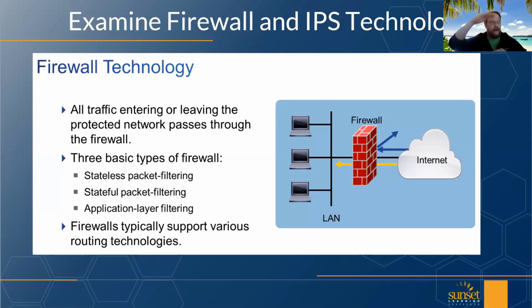The application layer is our top layer, where basically all of our application processing happens. The 3 basic firewall types are stateless packet filtering, stateful packet filtering, and application layer packet filtering. Again, this is a bunch of match set statements that are very, very basic in nature.